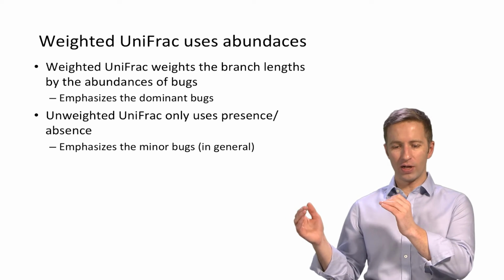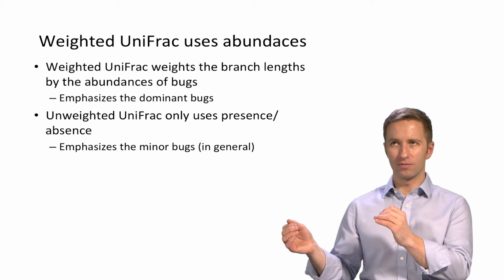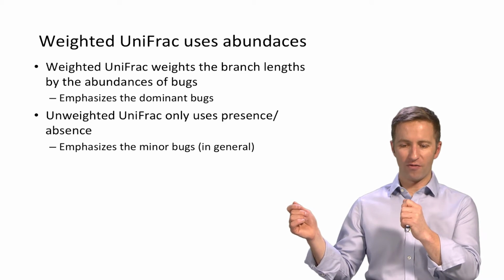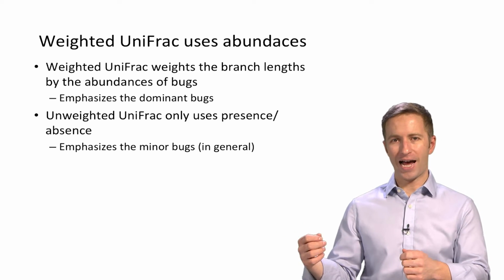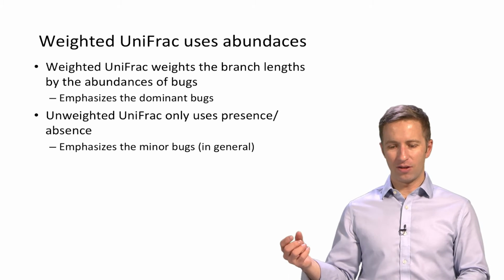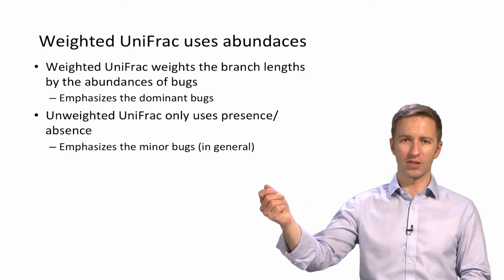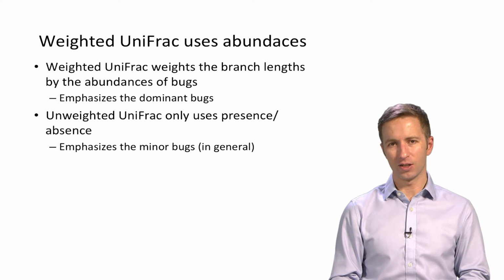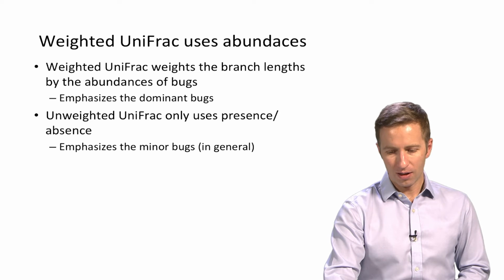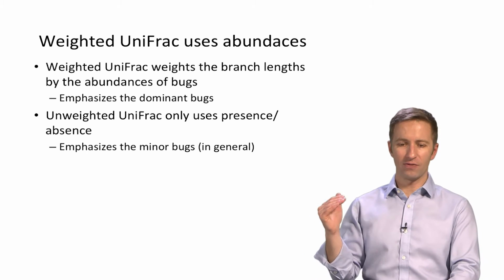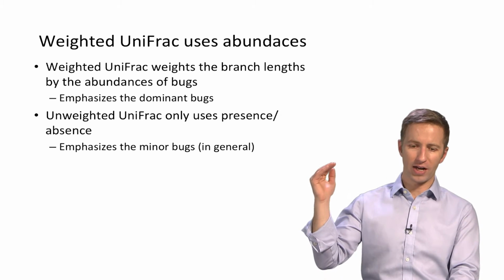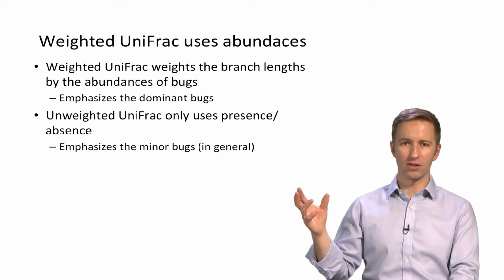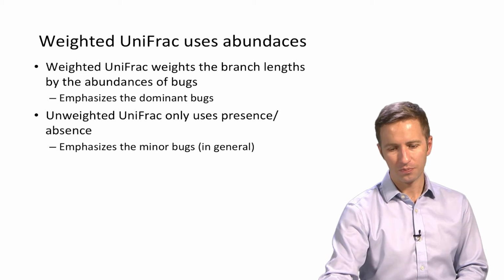Whereas in unweighted UniFrac, if you have minor bugs that are absent from a lot of people, then the mere presence of the bug in a particular person is going to add a lot of weight along its branch. So that's kind of the way I think of these 2 different distance metrics. Weighted UniFrac emphasizes more dominant bugs. Unweighted only considers the species overlap between the samples.